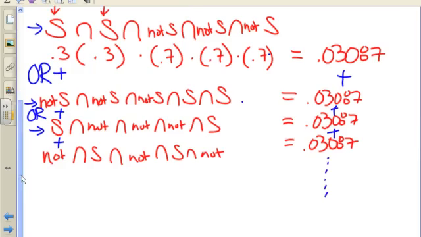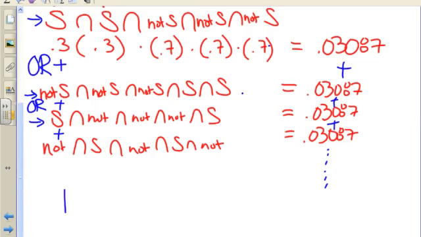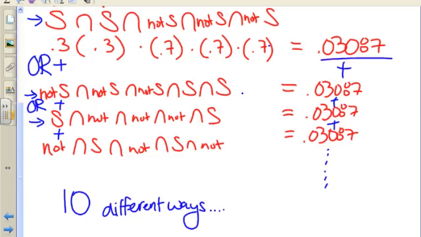Just so that we don't get horribly bored, I'll tell you there are actually 10 different ways to order 2 speckled M&Ms out of 5. So I would need to add 0.03087 10 times. That's 10 times 0.03087, which gives me 0.3087. So I have about a 30% chance of getting 2 speckled M&Ms out of 5.